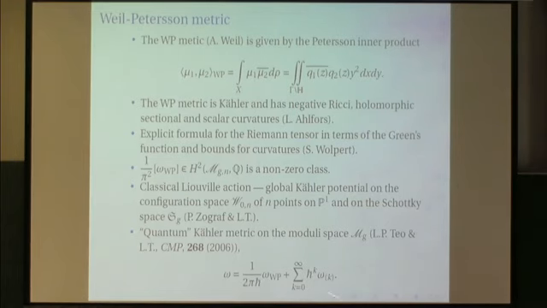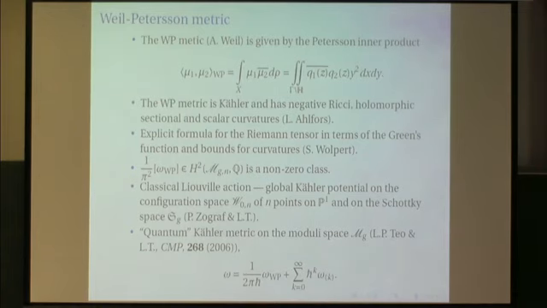And the fact that this metric has a Kähler potential is equivalent to the fact that you have conformal Ward identities, which reflect the symmetry of the quantum theory. So that's all hidden in this single formula. So that's the Weil-Petersson metric. Now let's discuss another Kähler metric, which makes sense only when you have punctured Riemann surfaces. So in the remainder of this talk, we'll be discussing this part.